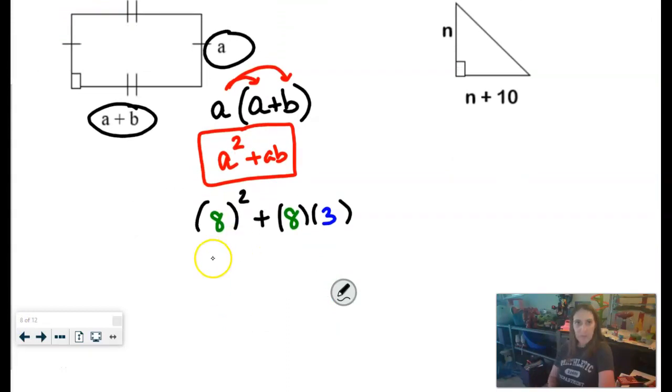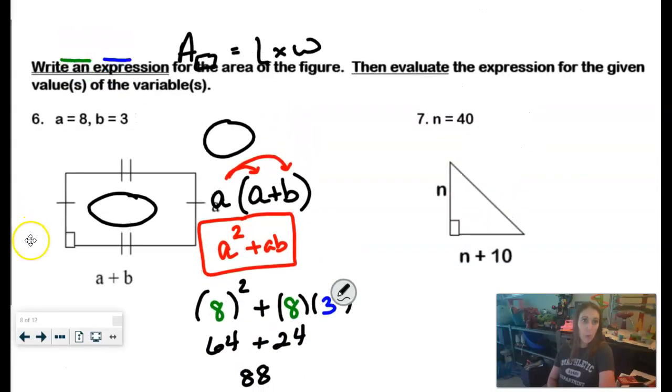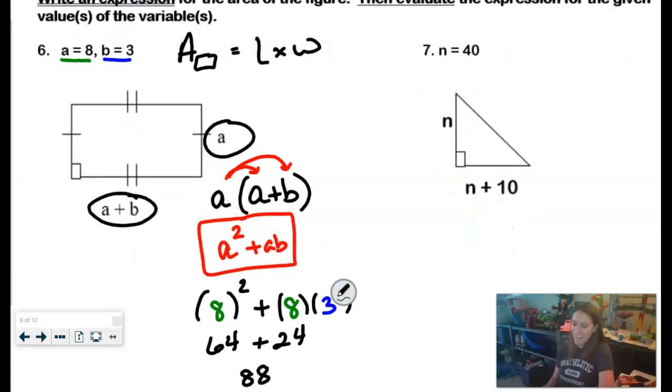So we got to remember that. All right, so here is 64 plus 24, which is 88. And like a good geometry student, I should label this, but they didn't give me labels. Ooh, I moved all my problems. Hold on, go back. Okay, so it is area. I'm just going to say units squared because there's no units.